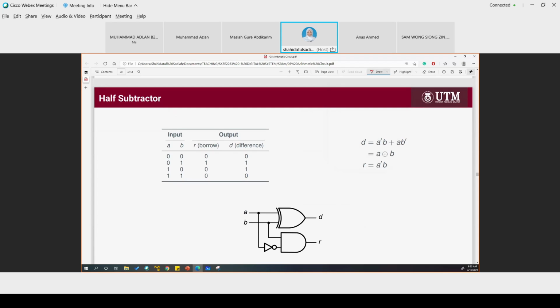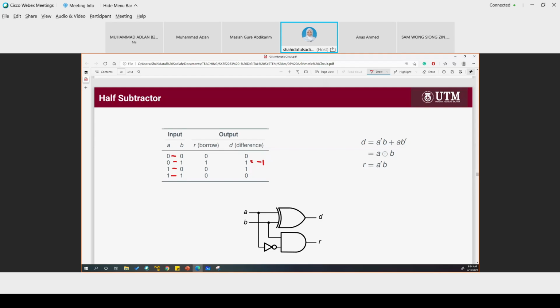Instead of having a sum and carry like an adder, we have the difference and the borrow. If we have input A and input B, 0 minus 0, the difference is 0. 0 minus 1, the difference is minus 1, so we have to borrow 1. Get that? 1 minus 0 is 1. And 1 minus 1 is 0.